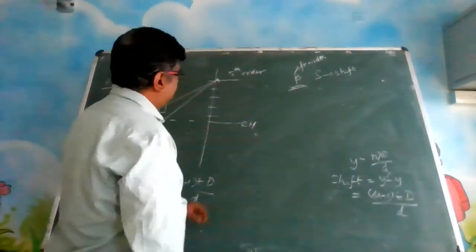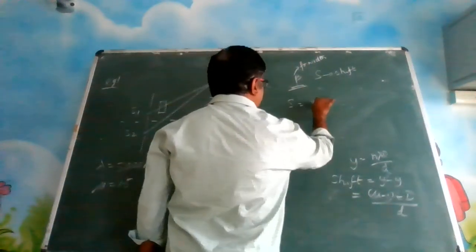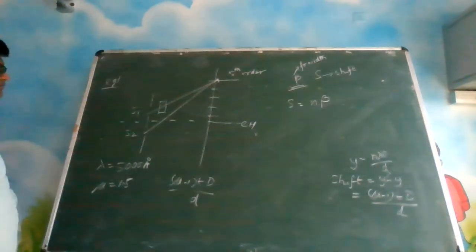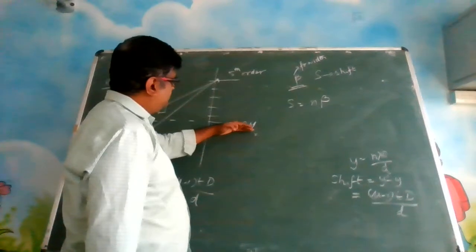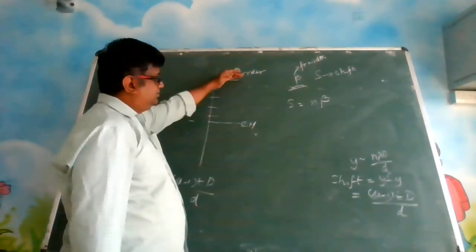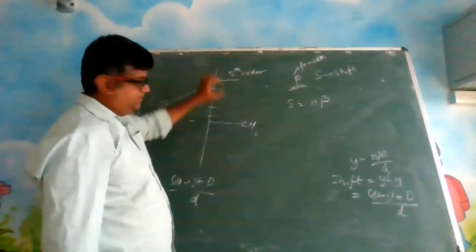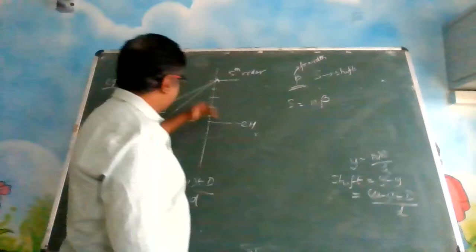Observe carefully. Shift is equal to n times fringe width. Look here, in this example, the central maximum was shifted to the fifth order. So here how many fringes are there? 1, 2, 3, 4, 5.